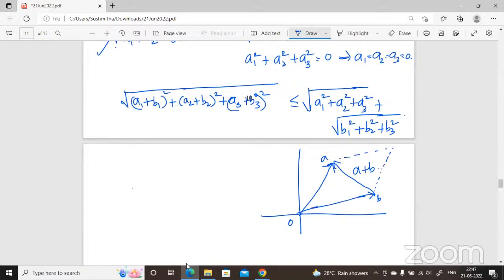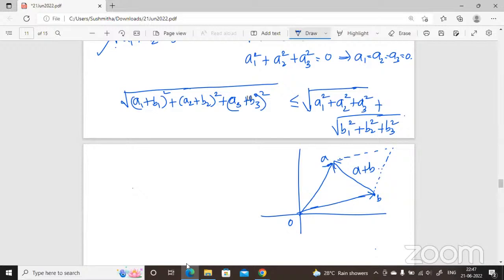This is B, this is AB. No, this is the resultant vector, right? A plus B. A minus B will be below. It means we have to take minus B and then do A minus B, which will be below. This is the resultant vector, the sum.